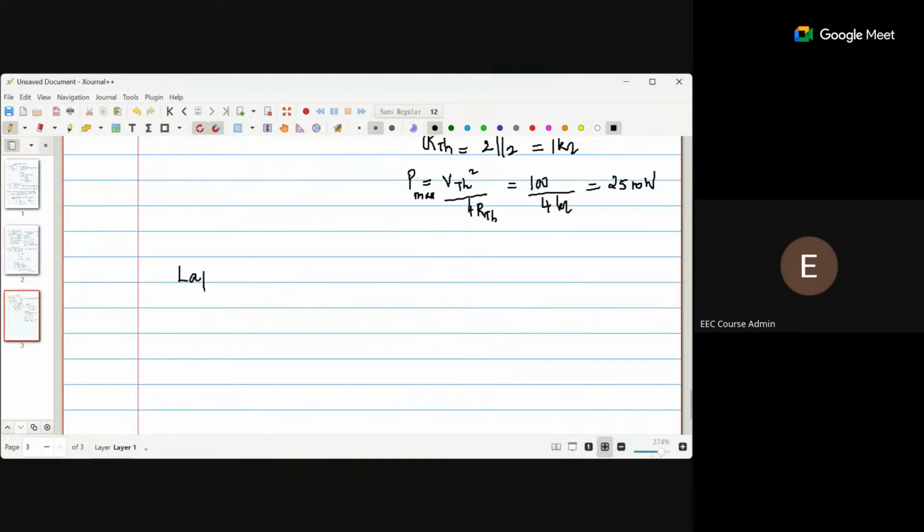In Laplace, what you need to revise or refresh is mainly the skill of partial fractions. That I can just tell you in general. Suppose the Laplace is of the form a by s into (s plus p1) into (s plus p2).